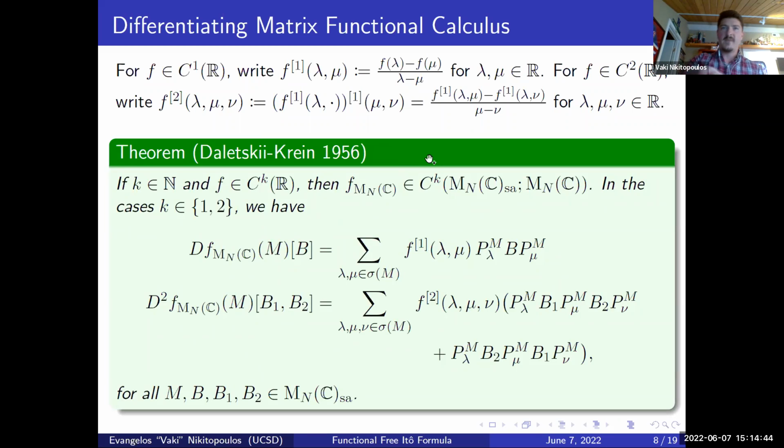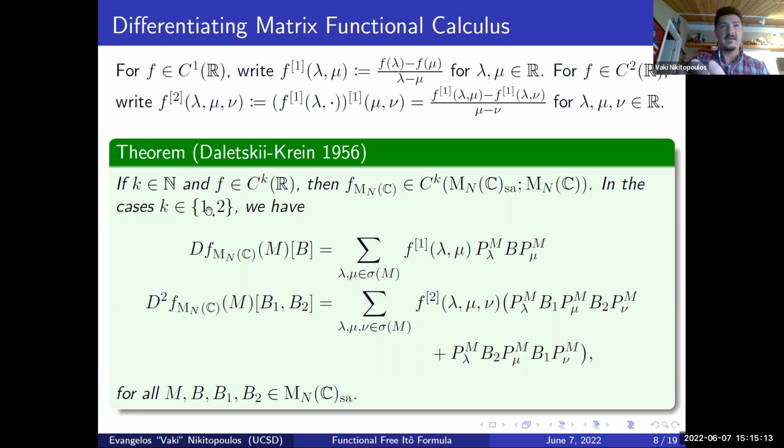So this theorem was basically proven by Daletsky and Krein in 1956. And it says that if k is a natural number and f is a C^k scalar function, then the associated matrix functional calculus is also a C^k map from Hermitian matrices to n by n matrices. And there's a formula in the general case, but I'll just state the formula for the relevant situation for us.